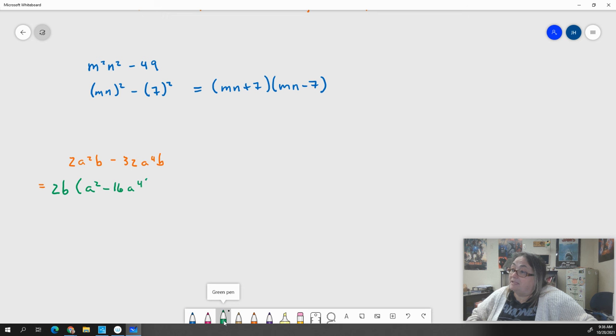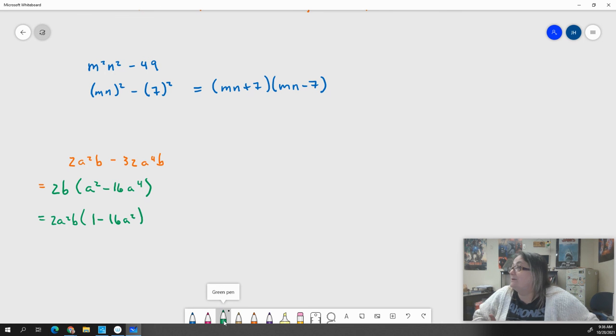And that's it, right? Now, I could pull that a squared out, can I? They each have an a squared component. Could I pull that out? I can. This is still 2 perfect squares, but even if I pulled that a squared out, if I wrote this as 2a squared b, and I pulled that out, I'd be left with 1 minus 16a squared. This is still a difference of squares, right? 1 is a perfect square.